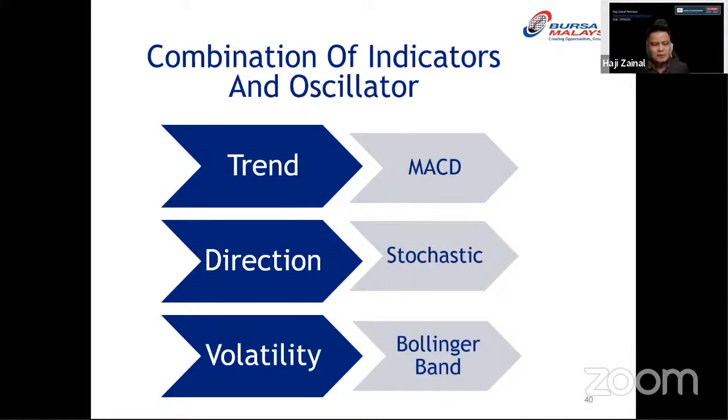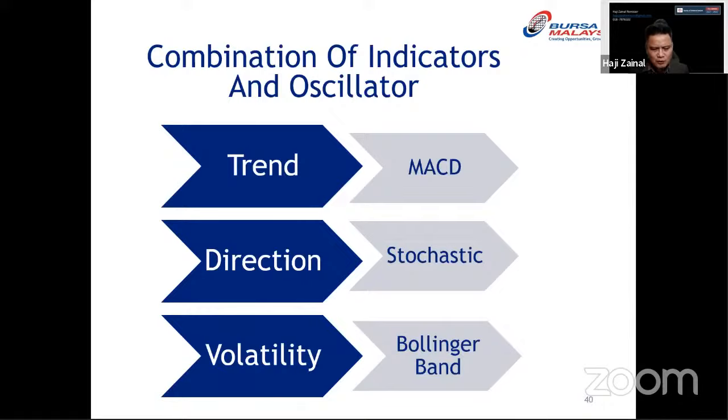So the first thing, what indicator or oscillator can we use to determine the trend? One of the good ones I always use is the MACD. I use MACD to determine the trend, whether it's an uptrend or downtrend, and the direction. What's the difference between the trend and direction?